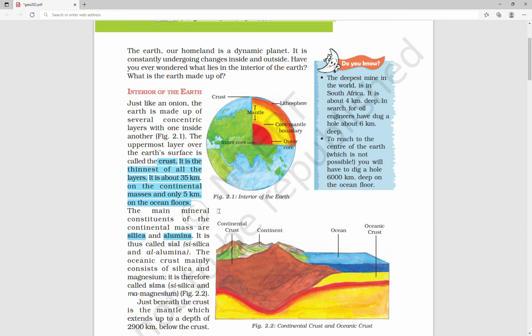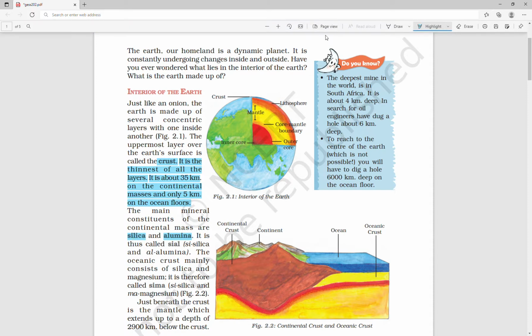These are the main ones, and it is thus called SIAL. You can also underline SIAL. SIAL means silica, Si, and alumina, Al.